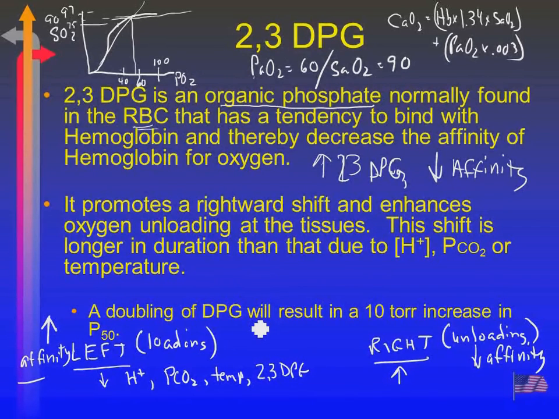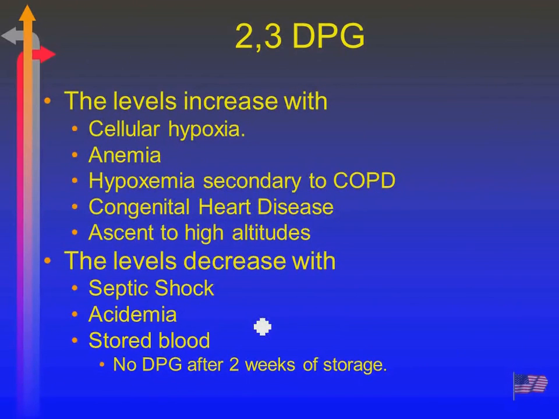Really, all I want you to know is that if you have a high 2,3-DPG, you have easy unloading being present. And we see that with things like cellular hypoxia. We want to have easy unloading when we're anemic because we don't have a whole lot of hemoglobin there. So what we want is unloading easily.